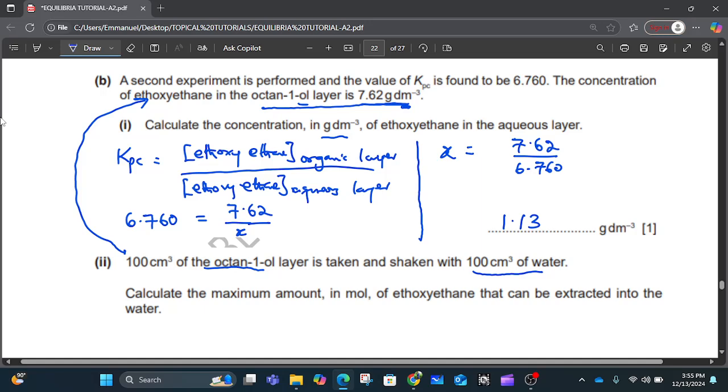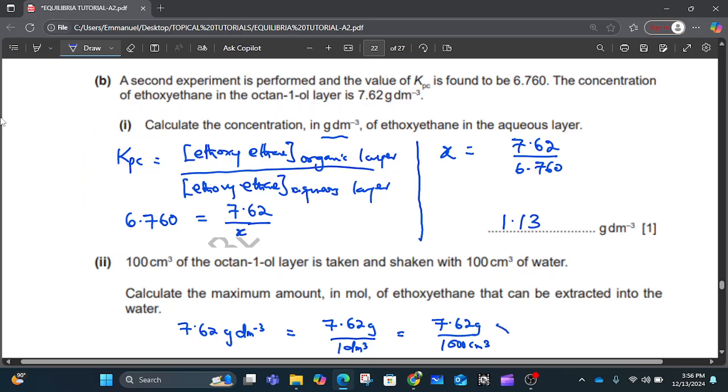From B, we were told that the mass concentration of the ethoxyethane in the octan-1-ol layer is 7.62 grams per decimeter cube. This basically means that the mass, which is 7.62 grams, was dissolved in 1 decimeter cube of the octan-1-ol layer. And so we can also write this as 7.62 grams over 1000 centimeter cube, because 1 decimeter cube is the same as 1000 centimeter cube.